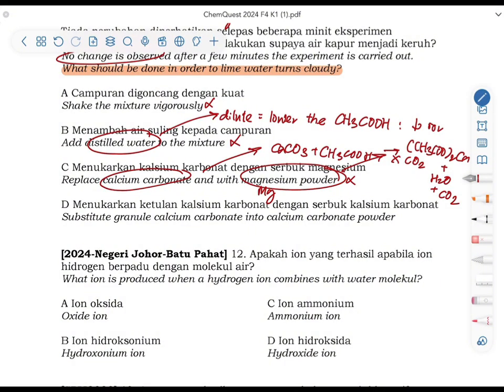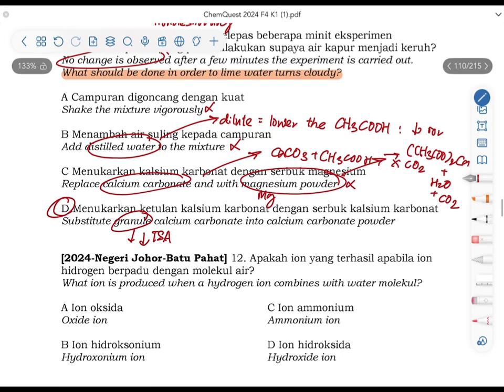So D, substitute the granule calcium carbonate with the calcium carbonate powder. This will be the ideal answer, because granules have a very low total surface area. So when they come in contact with the ethanoic acid, they will not produce much reaction, because ethanoic acid is also a very weak acid.